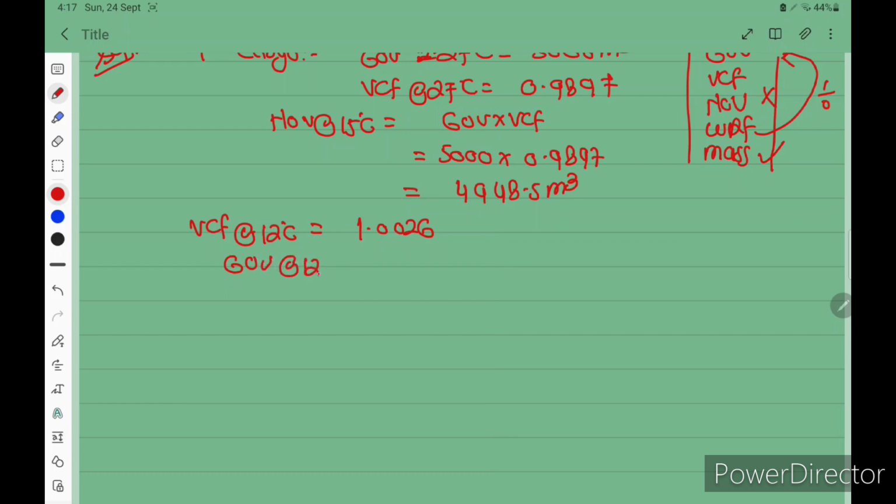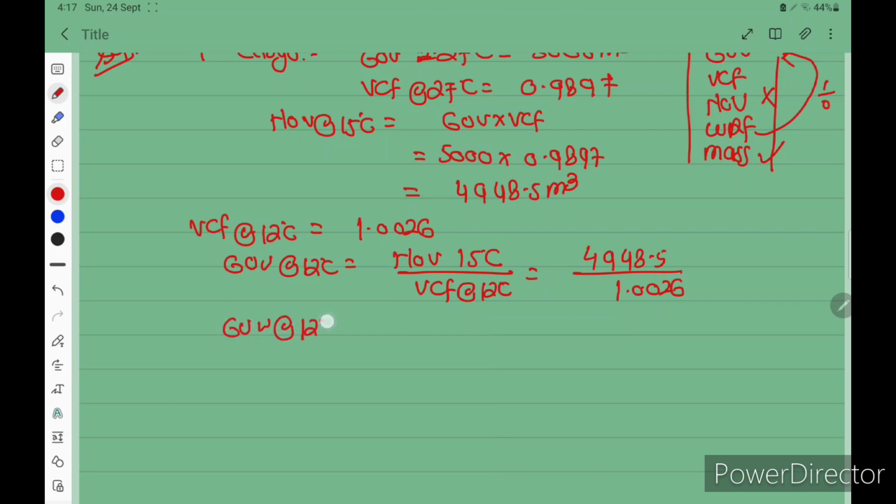GOV at 12 degrees centigrade is net observed volume at 15 degrees centigrade divided by VCF at 12 degrees centigrade, equal to 4948.5 divided by 1.0026. So we get gross observed volume at 12 degrees centigrade of first cargo as 4935.7 meter cube.